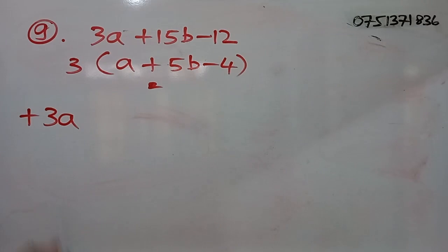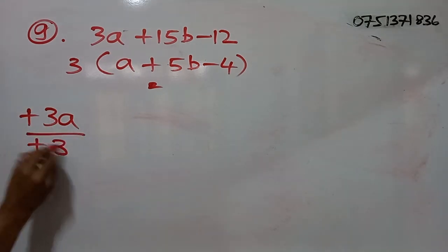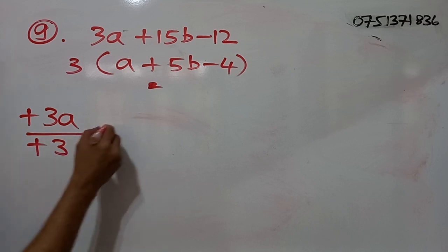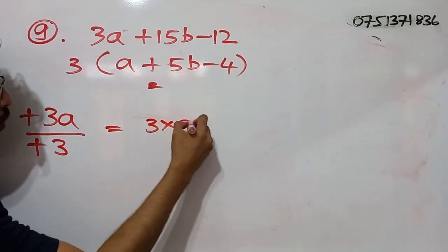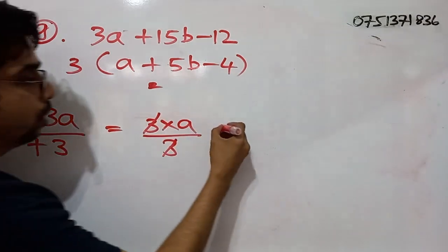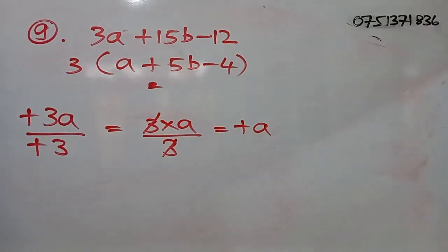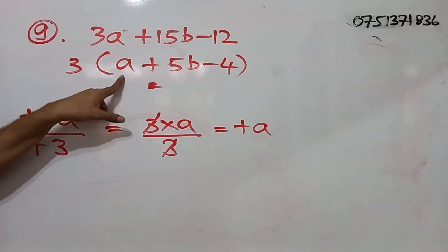So it is a positive value. We have to divide 3a by 3, which is also a positive value. So 3a means 3 into a divided by 3. So I can cancel off these two. What will be the outcome? A. Positive divided by positive, this will be positive. So that is the first term which is inside the brackets.